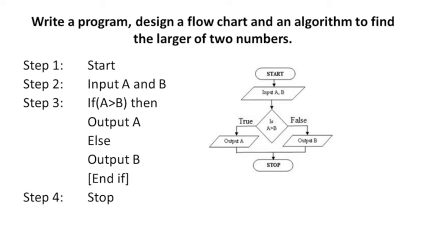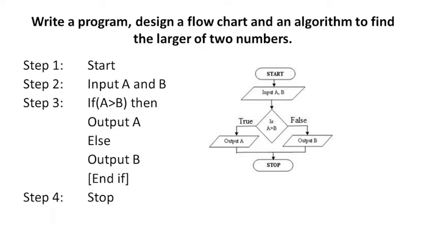So we'll see a few more examples of how to write a flowchart and algorithm to find the larger of two numbers. The algorithm will be written: start, input A and B, because we are going to compare the larger of two numbers, and we have to use some condition. If A is greater than B, then output A, else output B, and stop.